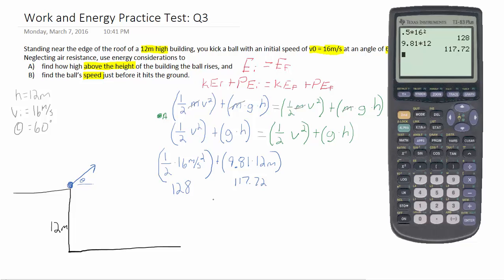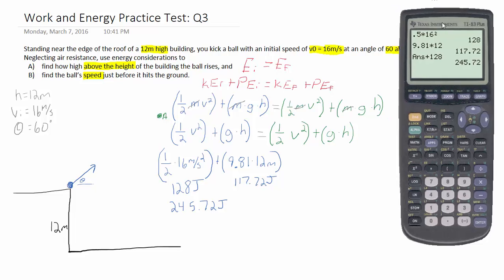All right. And both of these will now be in joules because we're working with energy, and we can add both of these together. And so that gives us an initial energy of 245.72 joules.